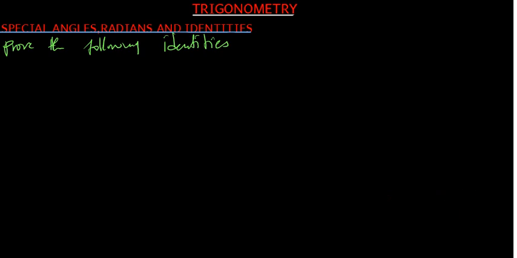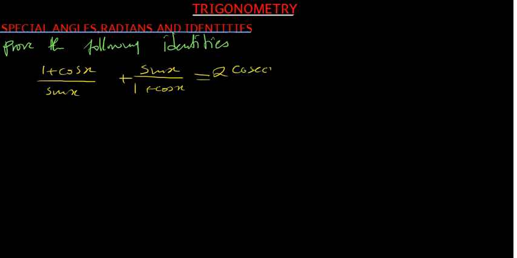What if they've given us (1 plus cos x) divided by sin x, and then plus sin x divided by (1 plus cos x) is equal to 2 cosec x.